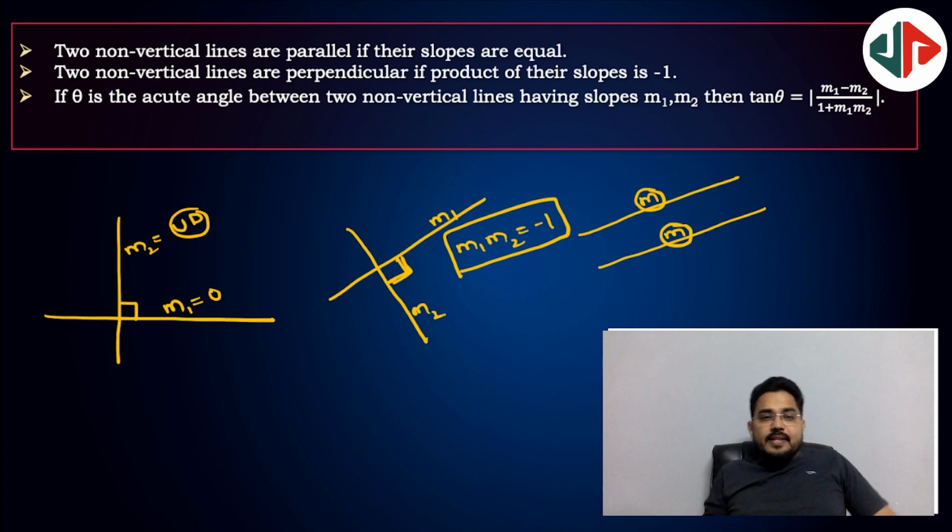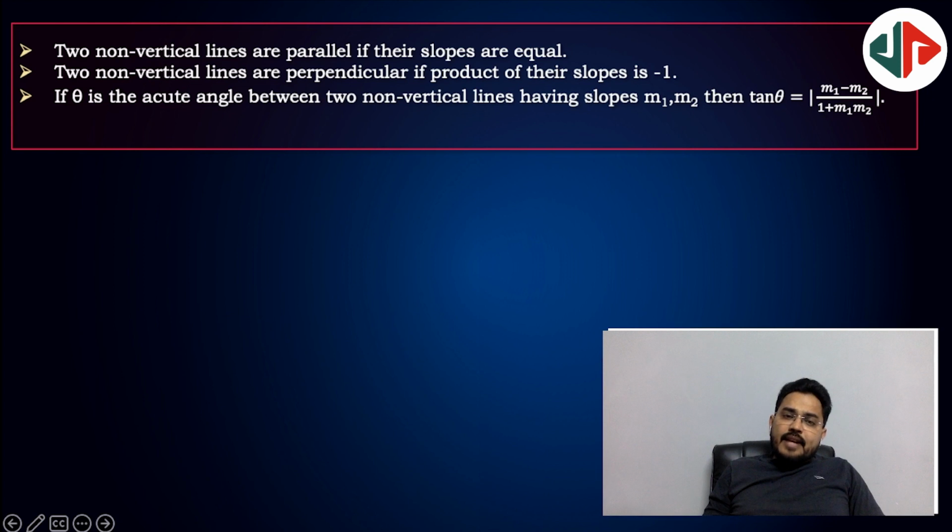Next part: if theta is the acute angle between two non-vertical lines whose slopes are m1 and m2, then tan theta is equal to the modulus of the expression. I'm talking about the acute angle, so theta is acute and tan theta should be positive. That's why we have taken the modulus. So what is that exactly? If you look, this is the x-axis.